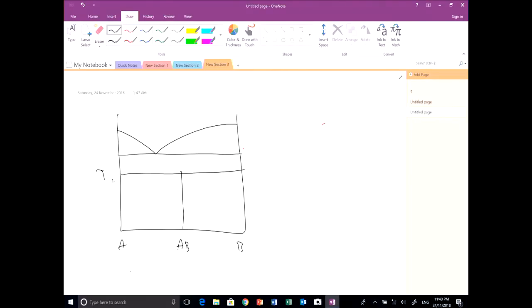Let's label the phase fields. What's up on top of the diagram? Okay, what's in the left-hand triangle? What's in the right-hand triangle? What's in the rectangle underneath?